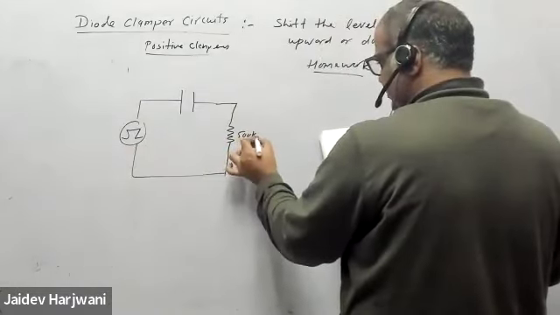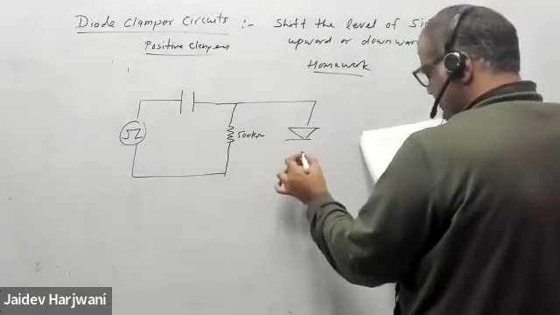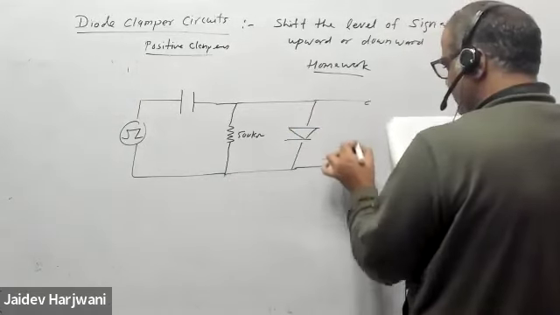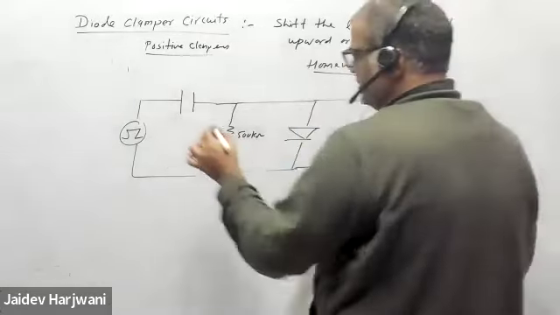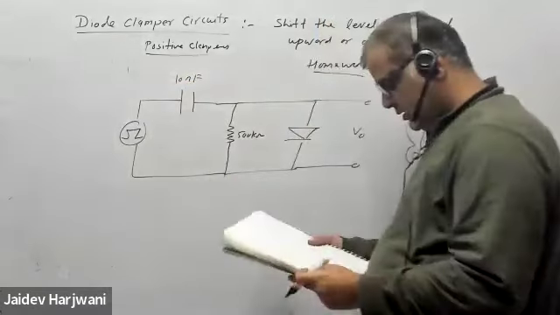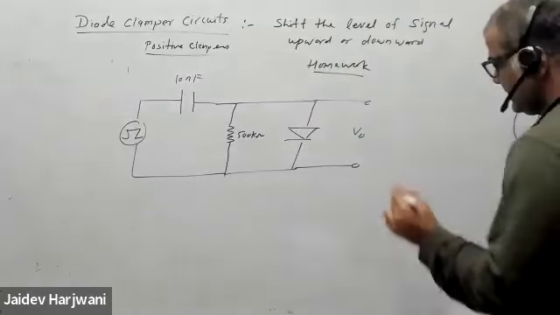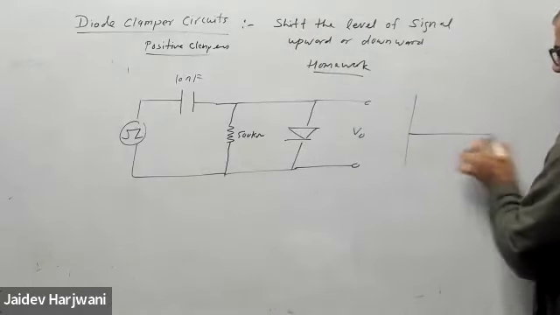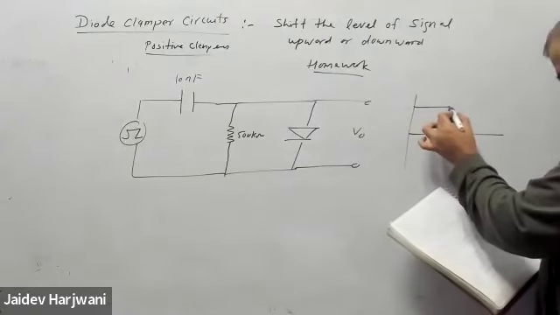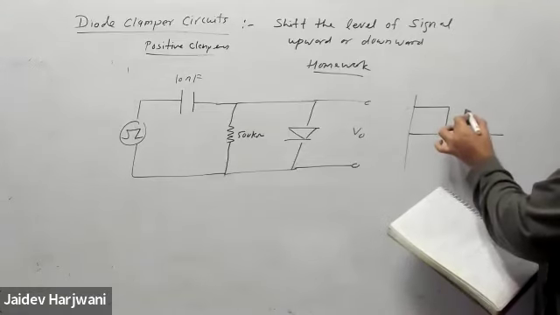This is 500 kilo ohm. This is the diode here, and you have to find the V naught. This is 10 nanofarad. The input given to you is a pulse of 1 millisecond, then 1 microsecond, and again 1 millisecond.